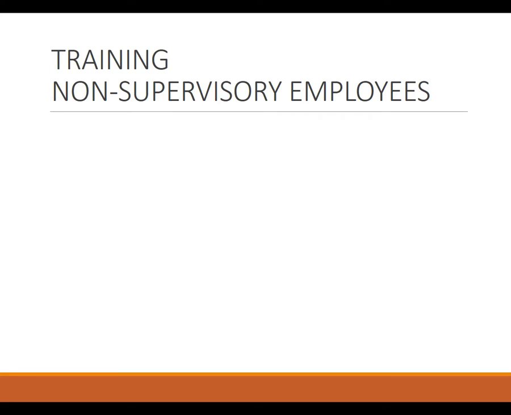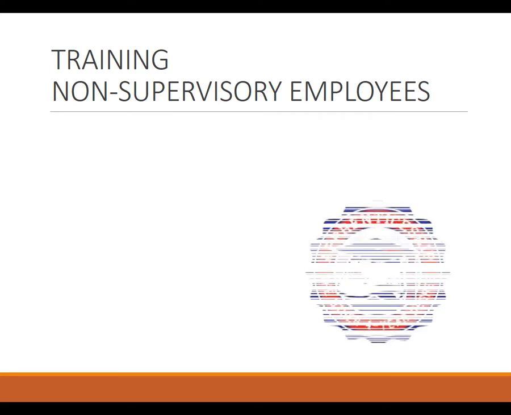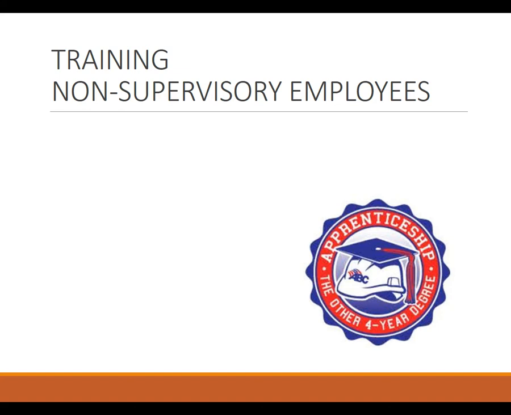All right. There are a handful of different ways to train non-supervisory employees, and I'll talk about the apprenticeship element here in just a moment. Probably the most commonly used method of training employees is what is called OJT, on-the-job training. On-the-job training is just as the name implies.